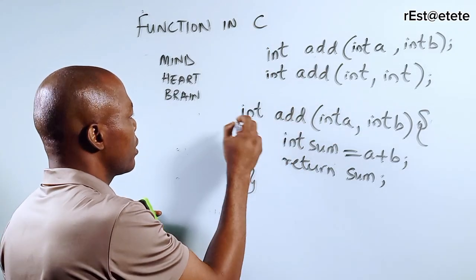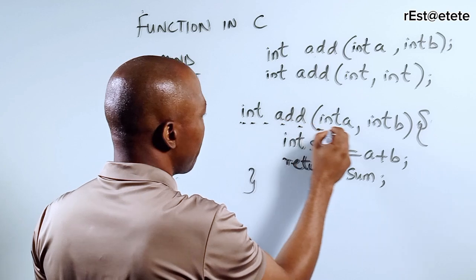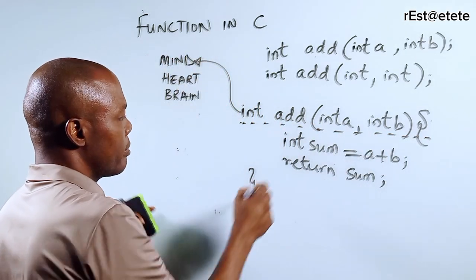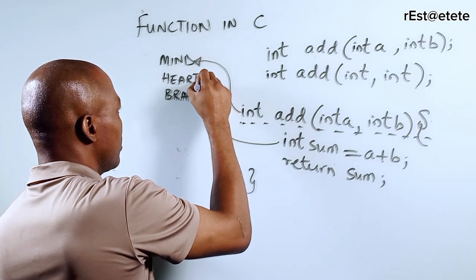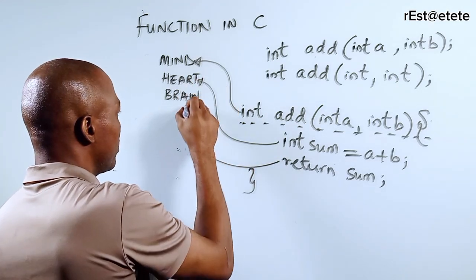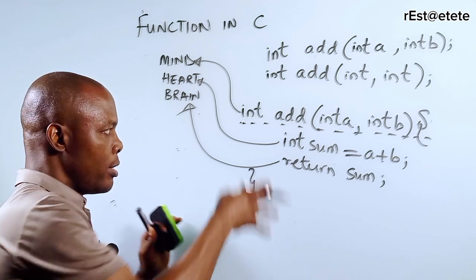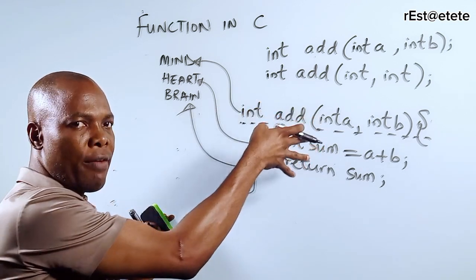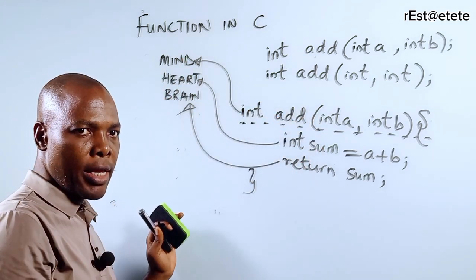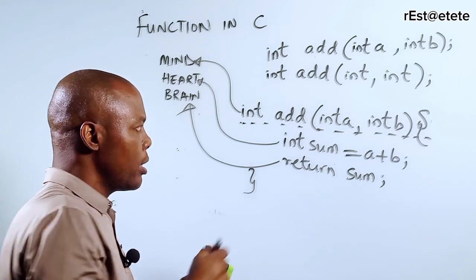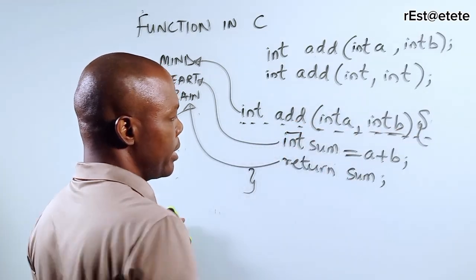Now this function, this part is the mind, this one is the heart, and then this one is the brain. Everything that I've written in this function is what we are seeing here. So the intention, which is where you are creating your thought, is what we have declared here.